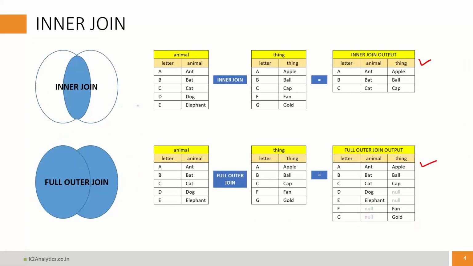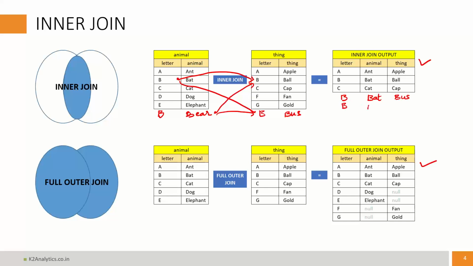If you have one entry here, if you do inner join, please remember this record will get joined by this record, and this record will get joined by this record. So you will have the output as B and bat, sorry, the animal is bat, bat and bus. And this record will get joined by this record, and this will get joined by this record also.